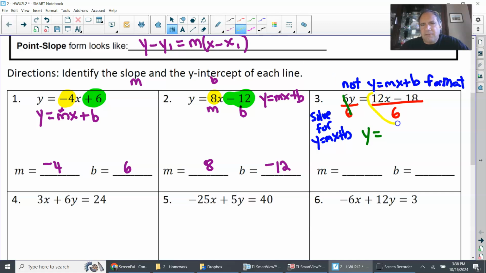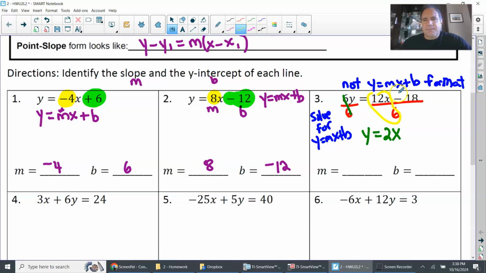You see that right there? That's 12x divided by 6. When you have 12x divided by 6, in my head, I'm just going to do 12 divided by 6, and I know it's 2. And don't forget the x that is right next to the 12. So 12x divided by 6 is 2x.